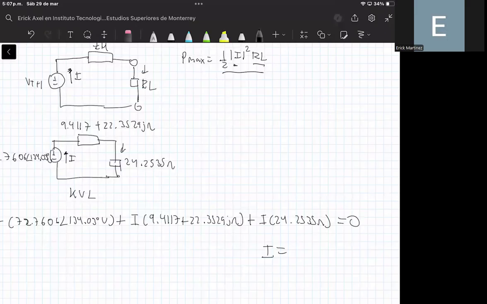So if you solve this equation for I, you will have the following.